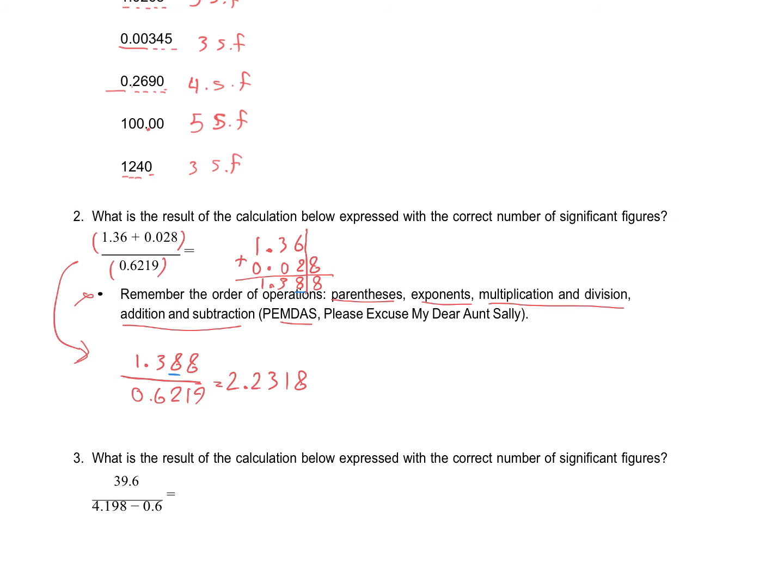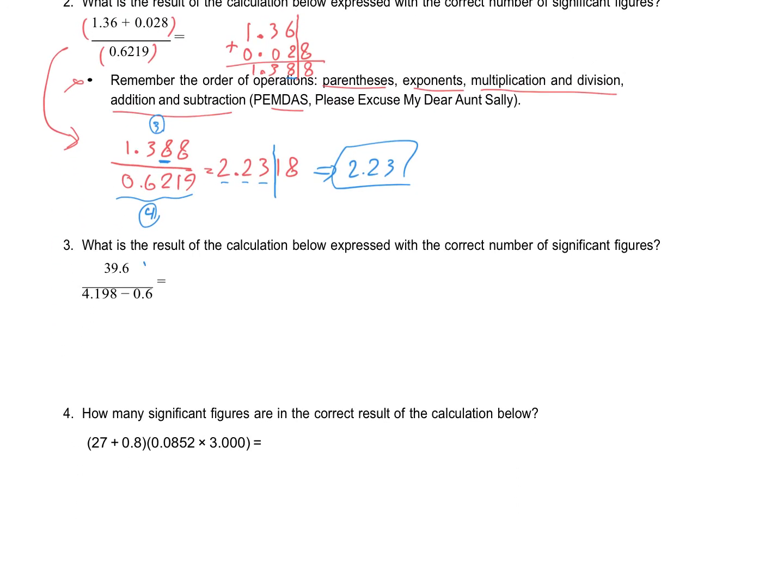So here, how many sigfigs do we have? We have 4. On top we have 3. We write 4, but it's 3, that's why we underline this. We have 3 sigfigs, so the rule of division says the smallest number of sigfigs. So 1, 2, 3, we have to cut it from here, therefore it's 2.23.